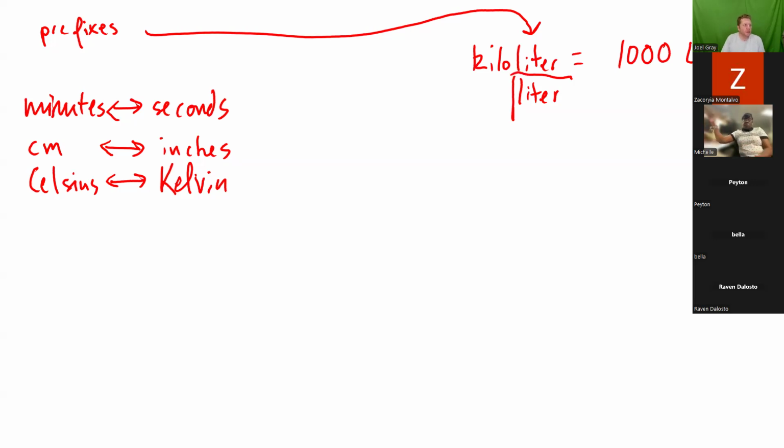So I always talk about everything as a comparison to 1 liter. Now, smaller than a liter would be something like a centiliter. And there are 100 cents in a dollar. There are 100 centiliters in 1 liter.